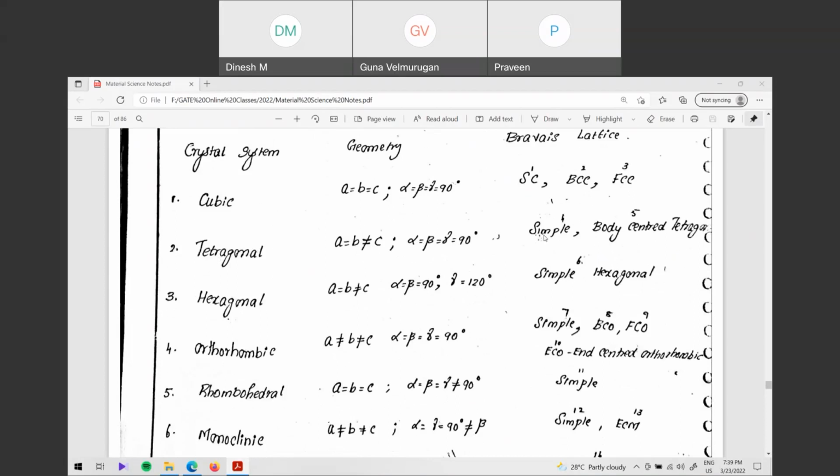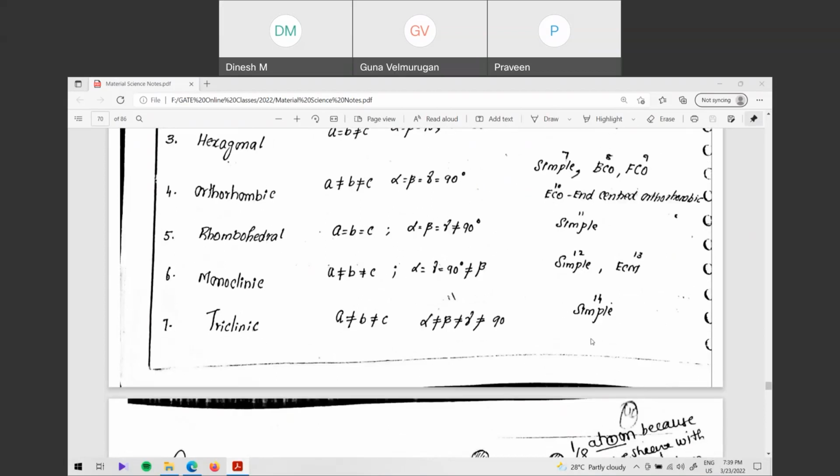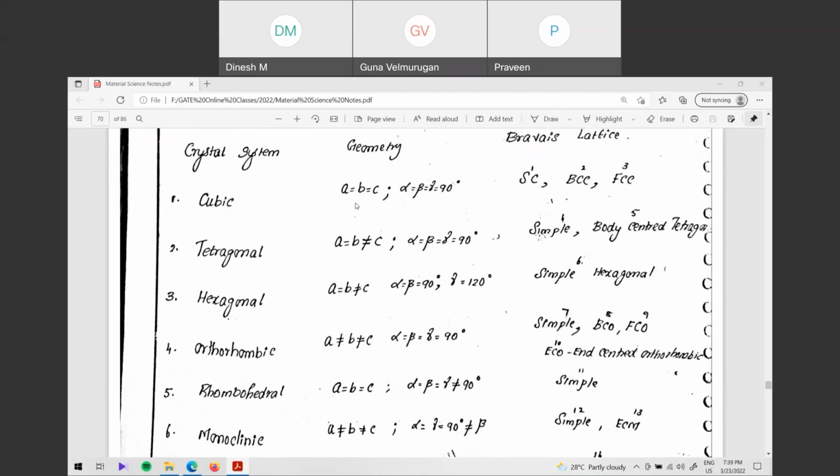In that we have simple tetragonal, body centered tetragonal. Like that, hexagonal, orthorhombic. We have so many structures based on the geometry, that is A, B, C values, and alpha, beta, gamma values. But mostly we concentrate on cubic, that is simple cubic, body centered cubic, face centered cubic, and also one more extra, that is simple hexagonal.